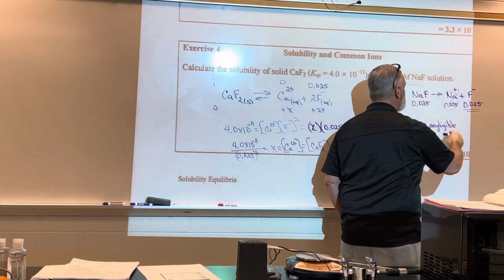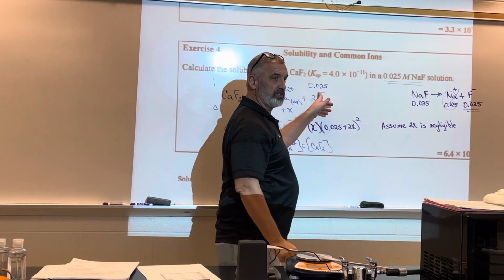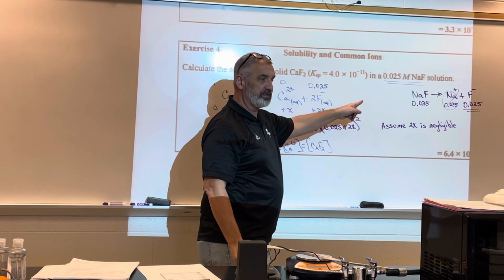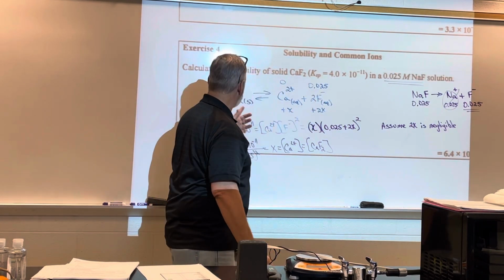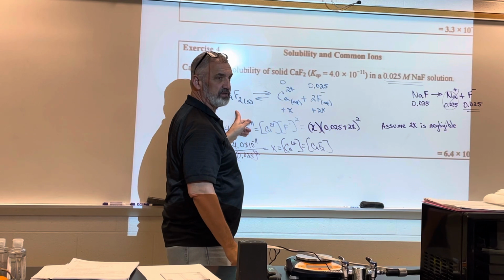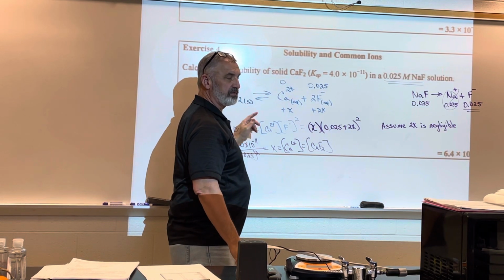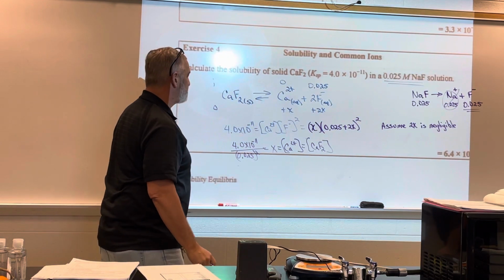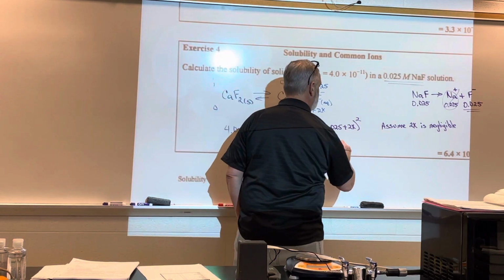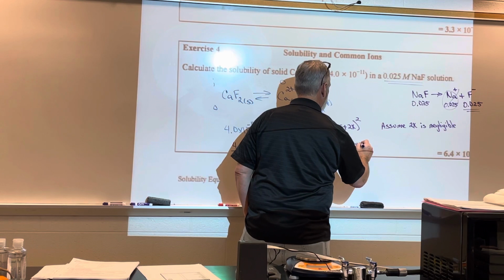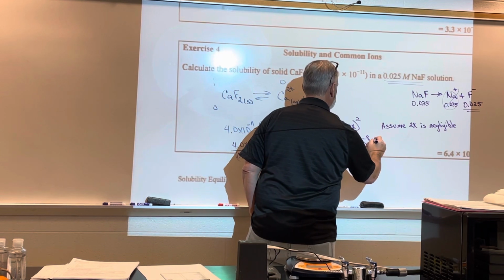So I'm starting with that much in the solution from the NaF, and then I'm adding in more from the CaF2. So what does this actually come out to? 6.4 times 10 to the negative 8.